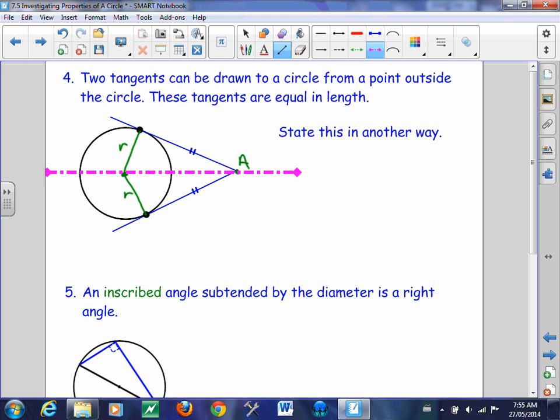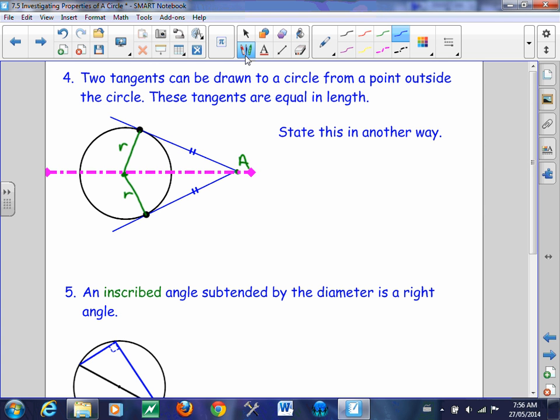Just want to see if I can extend that a little less so I can write. All right, any questions on that, folks? To state that another way, it says 2 tangents can be drawn to a circle from a point outside the circle.